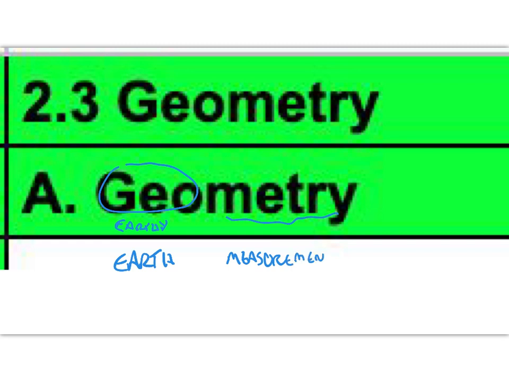Typically in a math class, the technical definition is the study of lines, angles, points, planes, and various shapes. A lot of geometry overlaps with algebra, so in some of these lessons I will tell you to go back to some algebraic concepts playlists and look at those lessons.